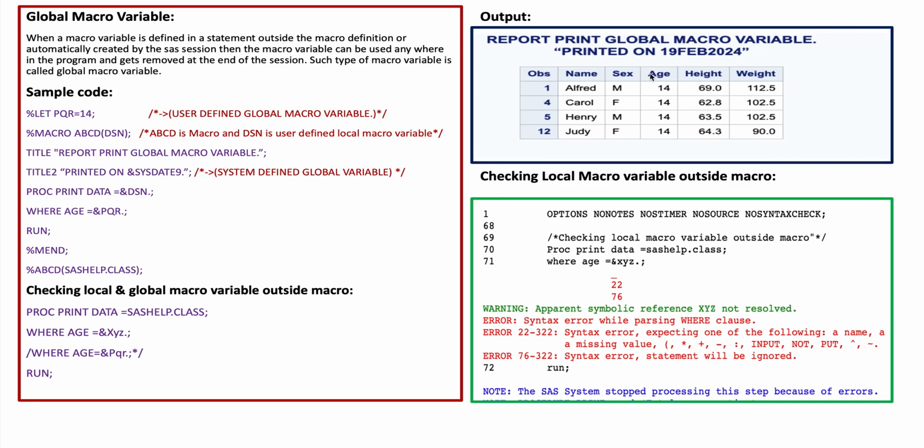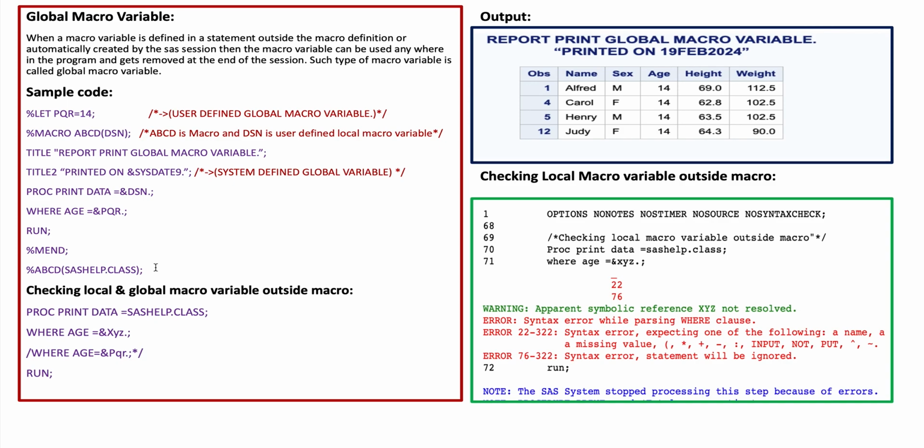And from this table, the age variable shows value 14. That means global macro variable PQR has resolved inside the macro. As a result, we observe the result which includes age 14.